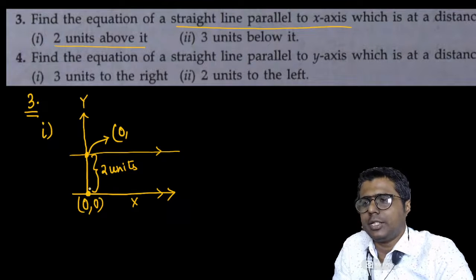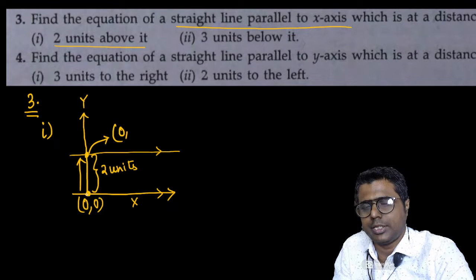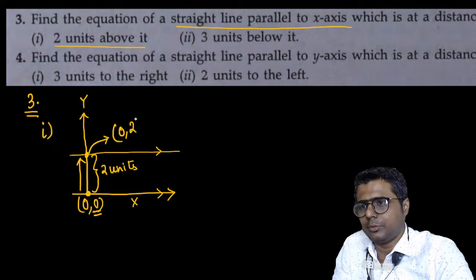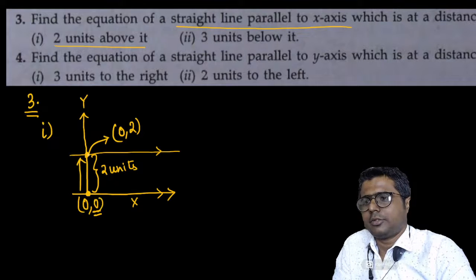The y coordinate is increasing as you go upwards. The x coordinate remains the same because x is 0 over here. On the y-axis the x coordinate is 0, but the y coordinate has increased by 2 units. Here the y coordinate was 0, so here it will be 2. So this point is found.